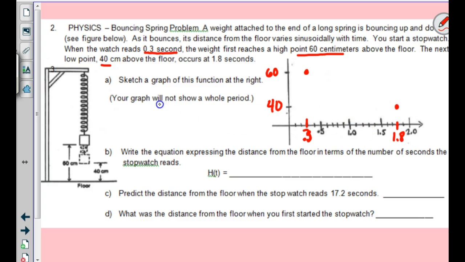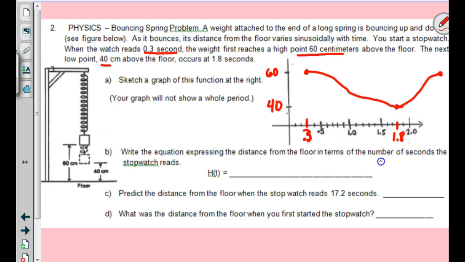No, okay. You will not show a whole period on this sketch. Now, we could make it show a whole period. If we were to continue back up over here somewhere, somewhere out here, it would finish a period.